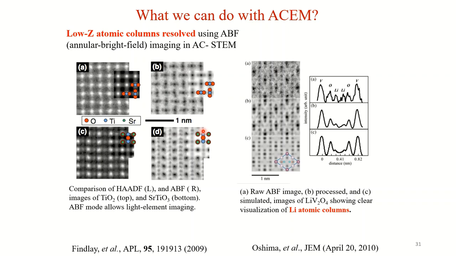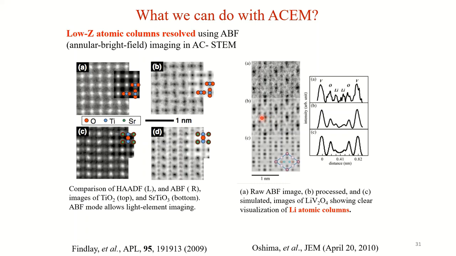But in annular bright field, the contrast is about Z to the 1.2 to 1.4. Because you have a circular detector with a hole in the center, a ring-like detector, most of the electrons pass through that central hole in the annular bright field mode. And you record the image of the light elements or low Z elements by using the ABF detector here.